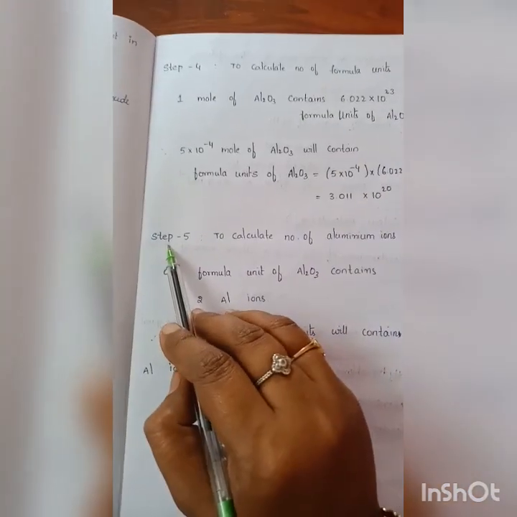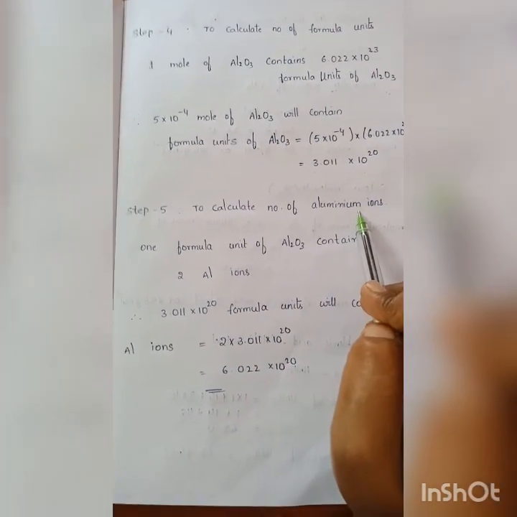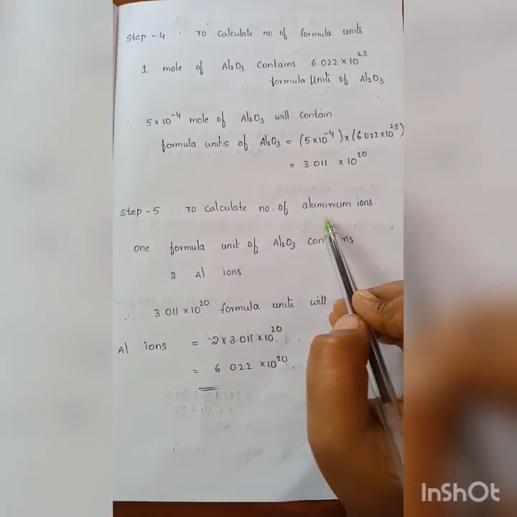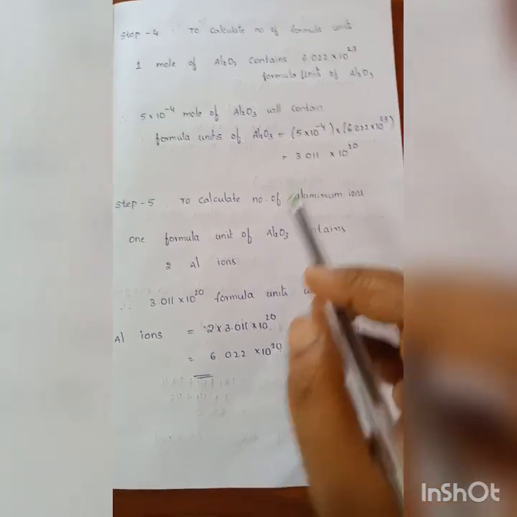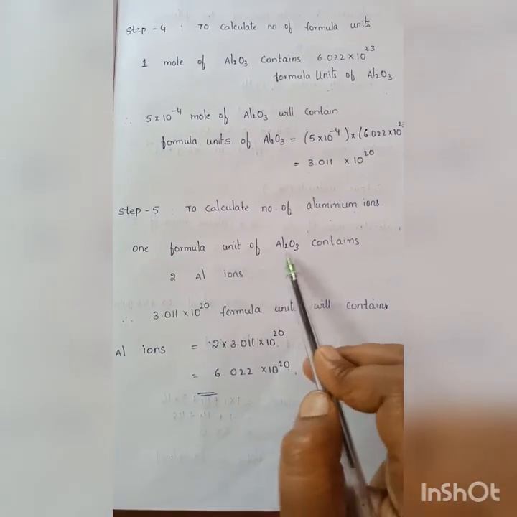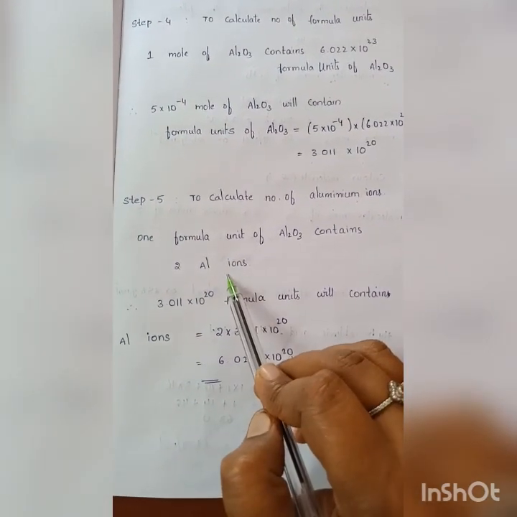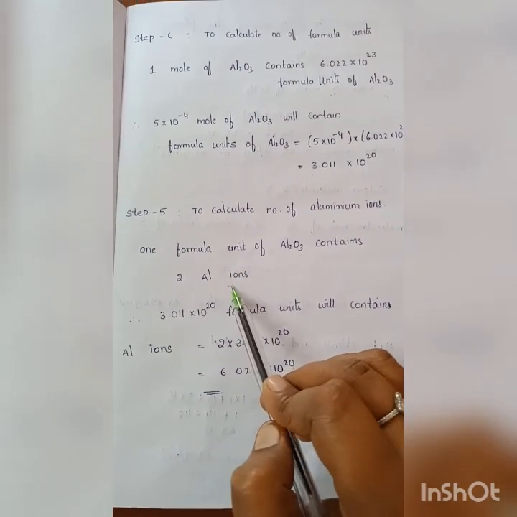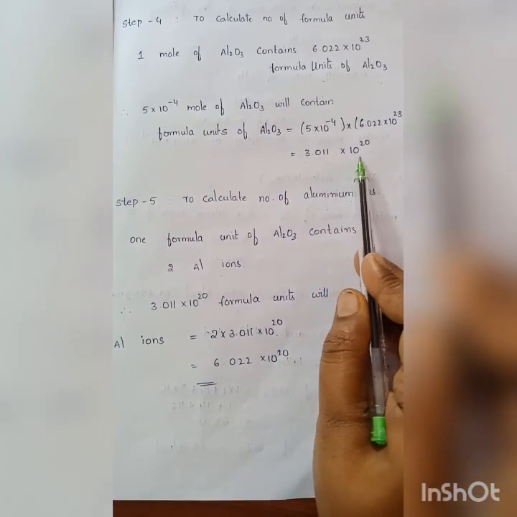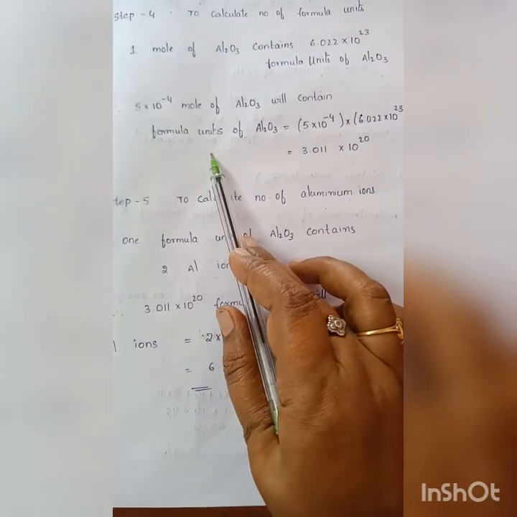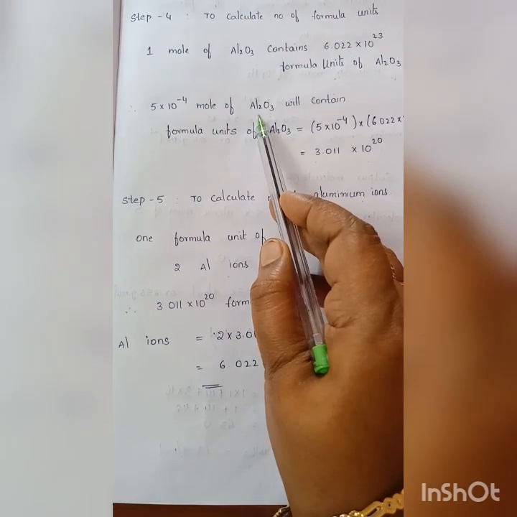Now step 5. To calculate the number of aluminum ions. This is the final step for us. We need to calculate the number of aluminum ions that is asked in the question. In one formula of Al2O3, how many aluminum ions are present? 2 aluminum ions are present. Yes. Now here 3.011 into 10 power 20 formula units are there in 5 into 10 power minus 4 mole of Al2O3.